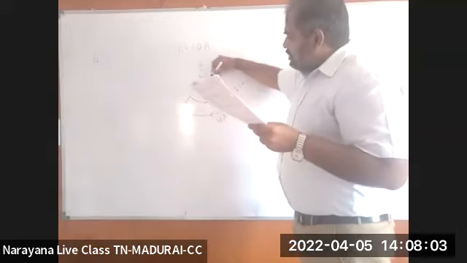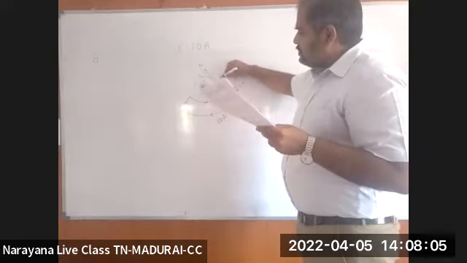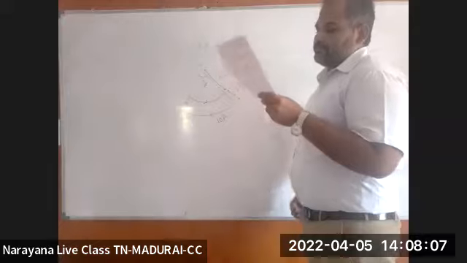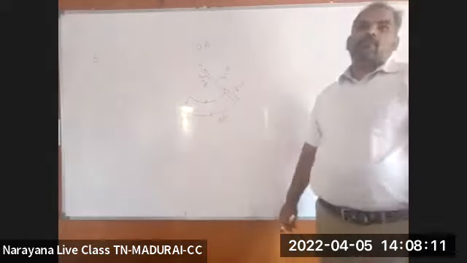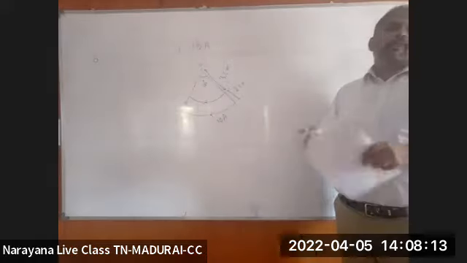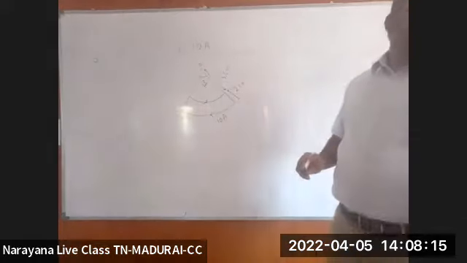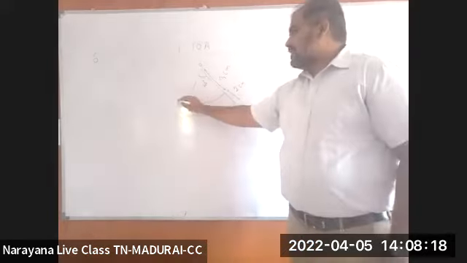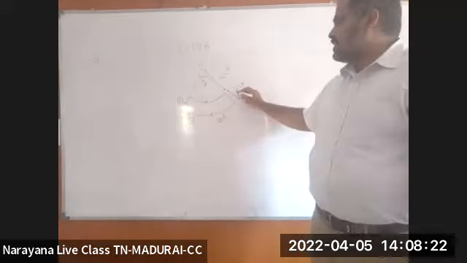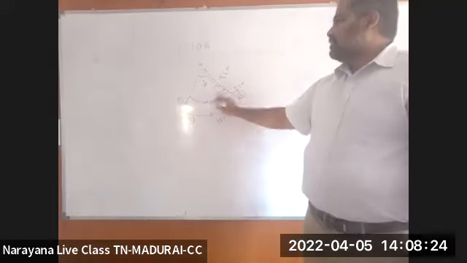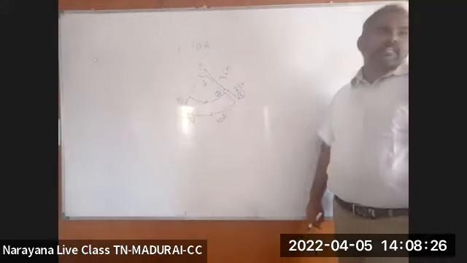This distance is also given, that is 3 centimeter. So we have to find the net magnetic field at point O. Tell me here how many segments are there. This is the first segment and second segment and third segment and next what? Fourth segment.